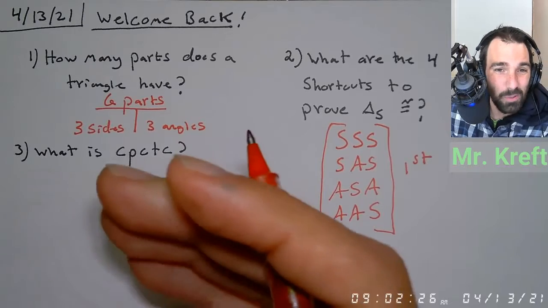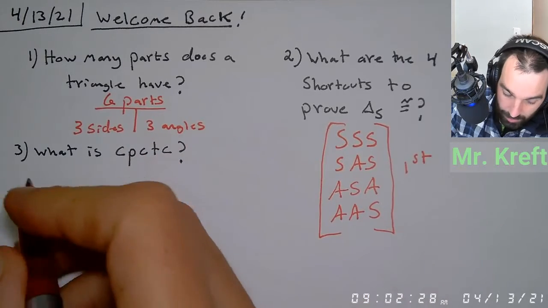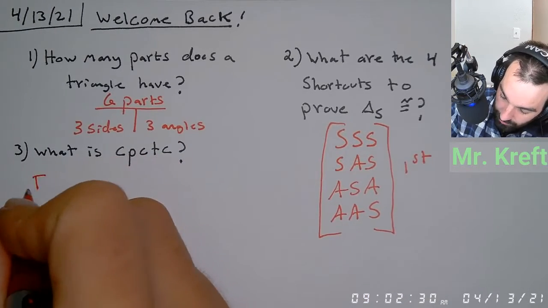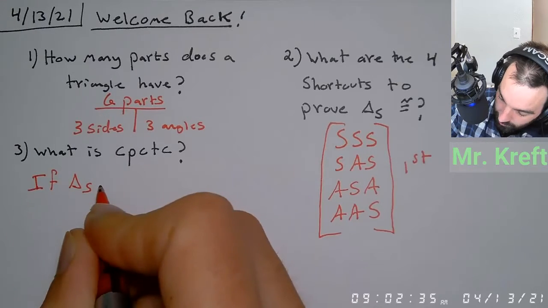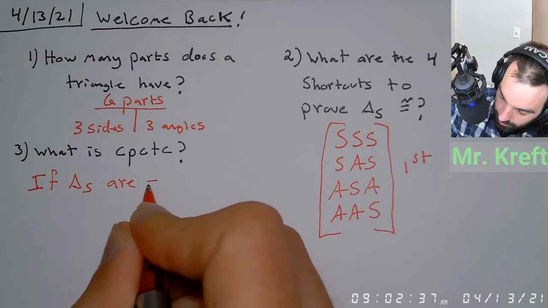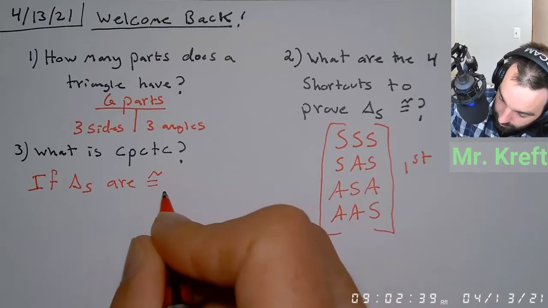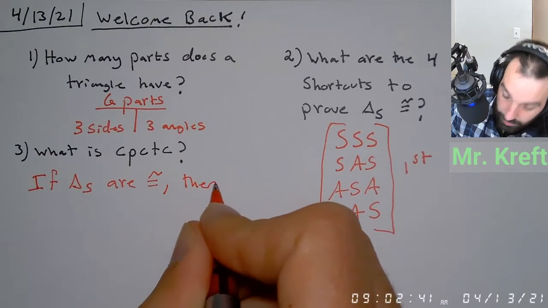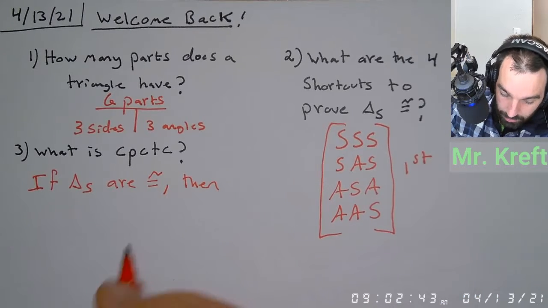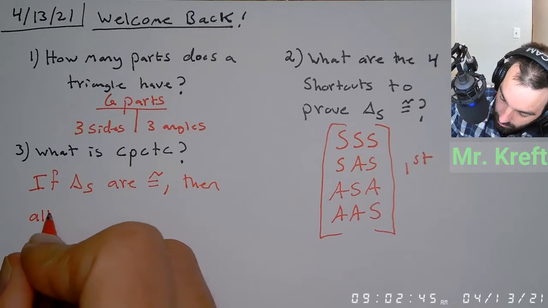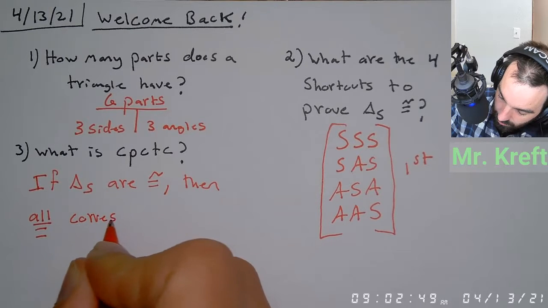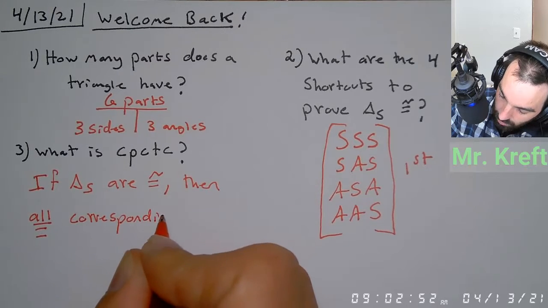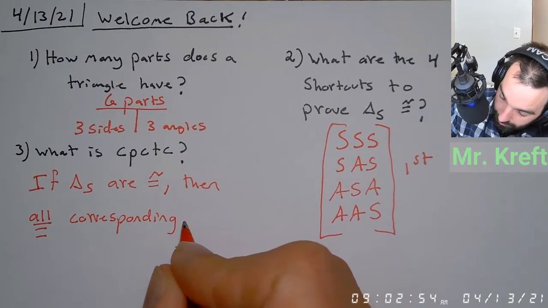But that is kind of weird and awkward to memorize. So what I would just think of CPCTC as being is: if triangles are congruent, then all corresponding parts are congruent.